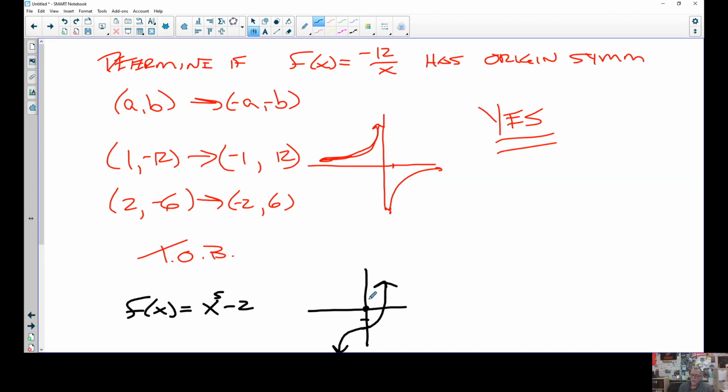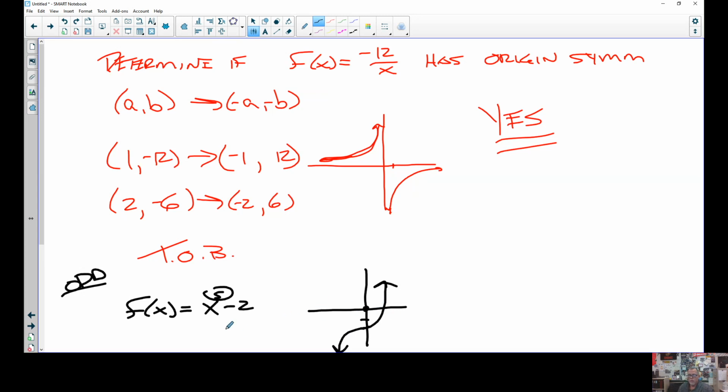Now, for those of you who were listening before, if it has origin symmetry, we call it an odd function. We said if we have a polynomial, we'd have to have all odd exponents. We do have an odd exponent here, but this is really -2x to the 0 power, right? X to the 0 power is just 1. But 0 we consider an even power. So this is the case where we'd have 5, which is odd, and a 0, which is considered even. All right. So this would not be an odd function. This does not have that rotational symmetry.